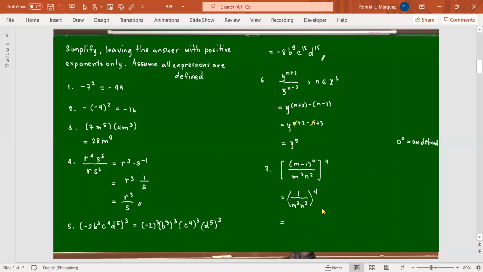So 1 raised to 4 is 1. M cubed raised to 4 is m to the 12, we multiply 4 times 3. And n to the 8. Am I right, guys? Okay, so that's it. No more negative exponent or zero exponent.